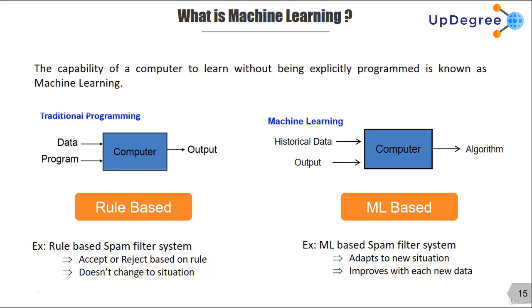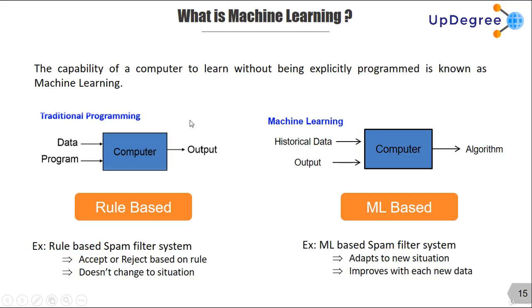Suppose you have created a rule: if the mail contains more than 10 images, then it's spam. But unfortunately, there is a good mail from your friend which has more than 10 images, that was not spam, and your program has marked it as spam. But once you say that no, this is not spam, it won't learn again.